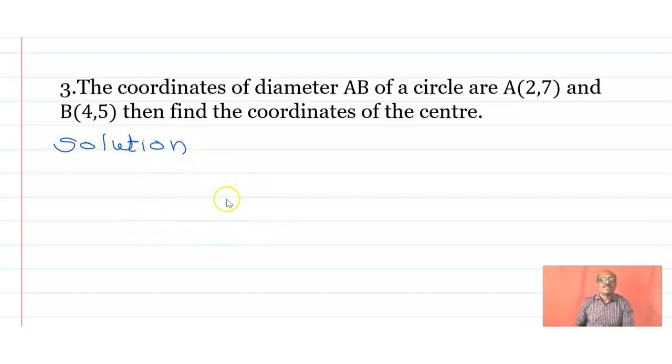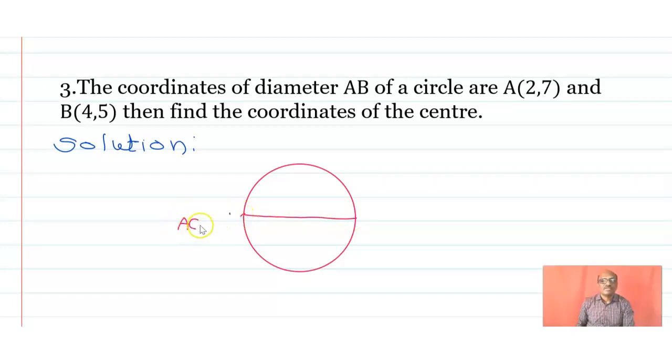If we consider a circle here, and suppose we treat this as the diameter, with A as 2, 7 and B as 4, 5, we want to find the center.